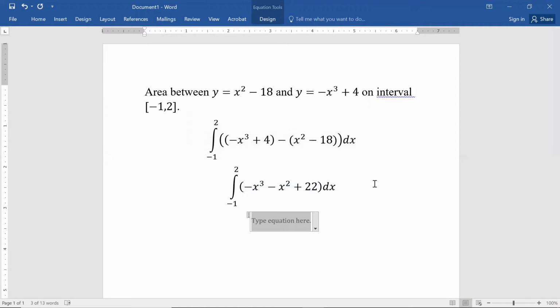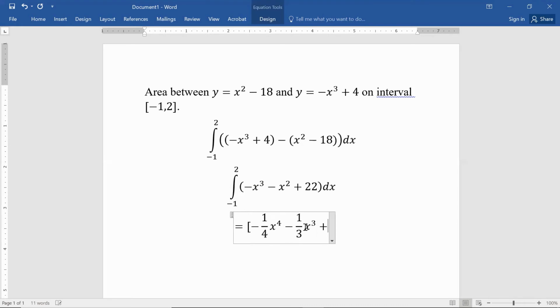When I take the antiderivative of this function here, this is a polynomial function, so I raise the exponent by 1 and then divide by that new exponent. My first term is going to be -1/4 x to the 4th. My second term is going to be -1/3 x to the 3rd power.